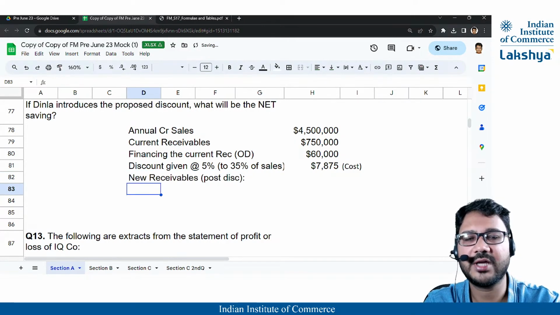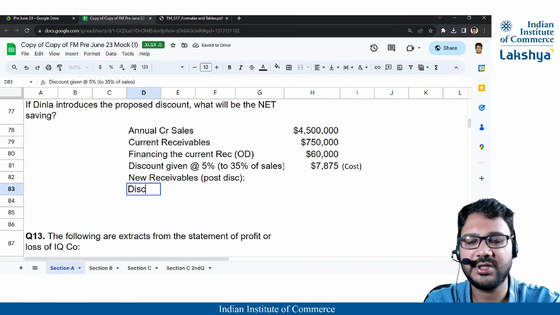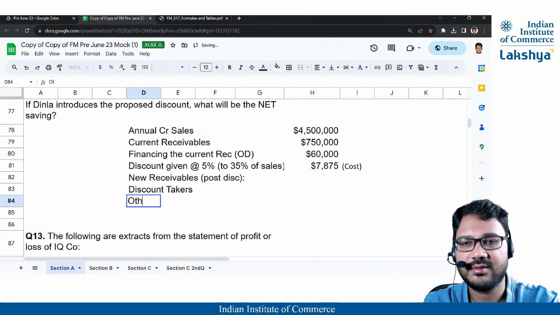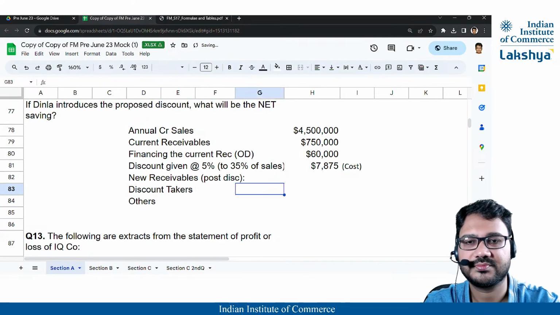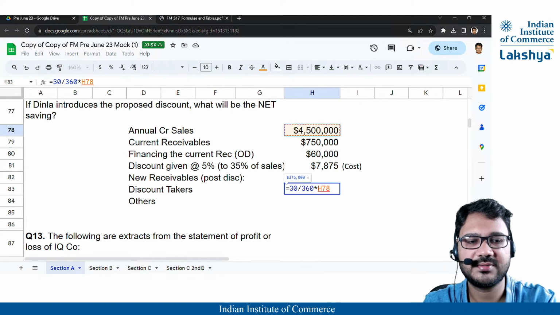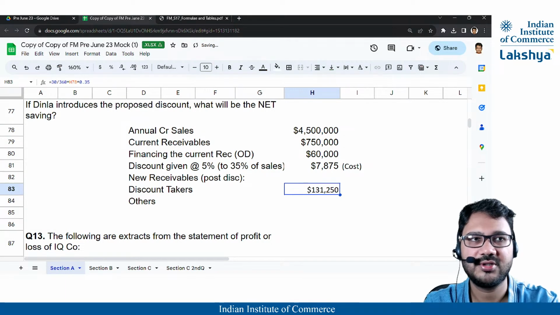Now there are two types of people: discount takers and others. Discount takers are going to take 30 days, 30 divided by 360 into sales, but they represent only 35% of the sales. So 131,250.